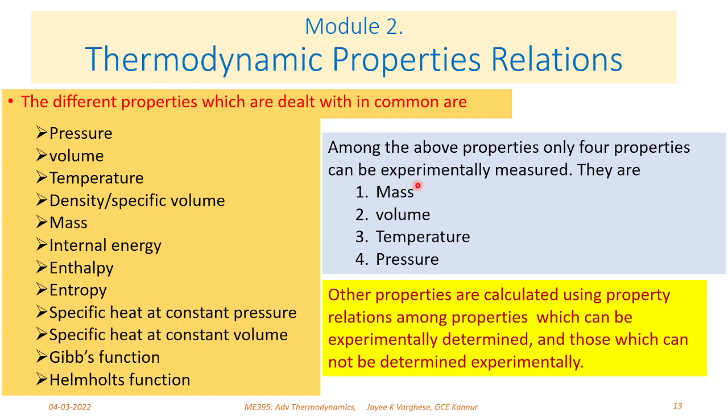For everything, we should know exactly the numerical value of different properties. Some of the properties can be measured experimentally. Others can be obtained by using proper property relationships among these four properties and other properties.